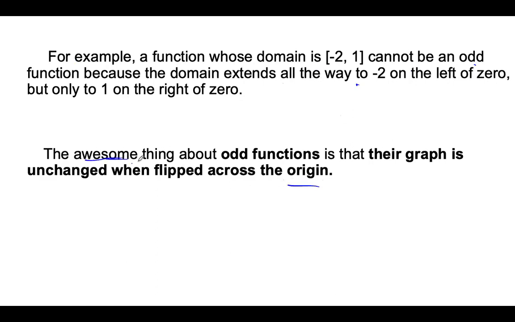Before, the even function was symmetric around the y-axis; the odd function is symmetric-ish. So the graph is unchanged when flipped around the origin. And I'll explain what that means a little bit more.